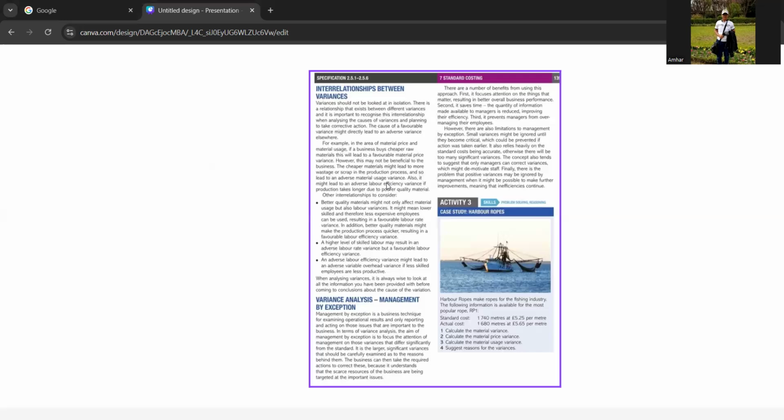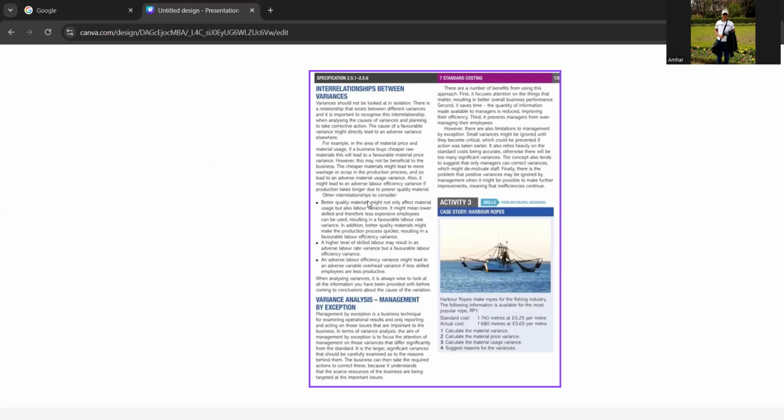Yeah, I understand that. In price variance, it might be favorable, and in usage variance, it's adverse. Price variance is favorable because the raw materials are cheaper, and usage variance is adverse because there is lots of wastage. Now, did you understand? Yeah. Also, it might lead to an adverse labor efficiency variance if production takes longer due to poorer quality material.